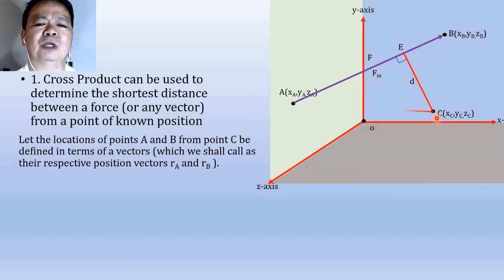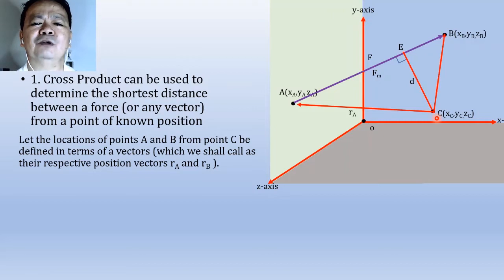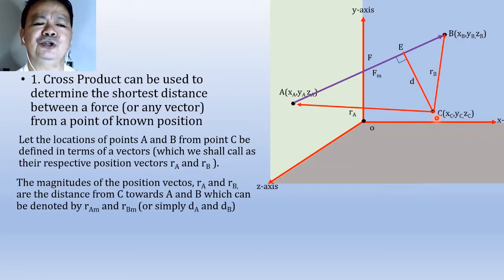This is what we call the position vector RA, while this one shall be considered as the position vector RB. The magnitudes of the position vectors RA and RB are actually the distances from C to A and C to B respectively, which can be denoted by R sub AM and R sub BM, or simply called the distance A or the distance B respectively.